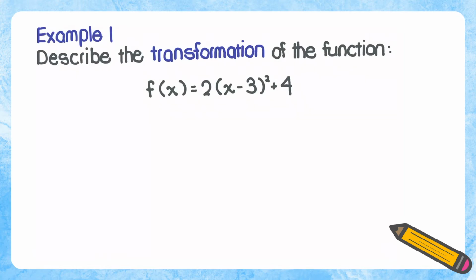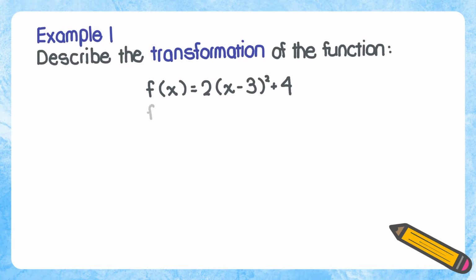For our first example, let's describe the transformation of the function f of x equals 2 times x minus 3 quantity squared plus 4. As usual, our first task is to identify a, h, and k.